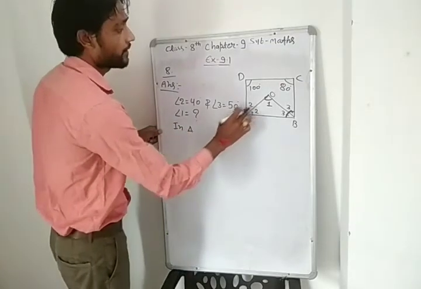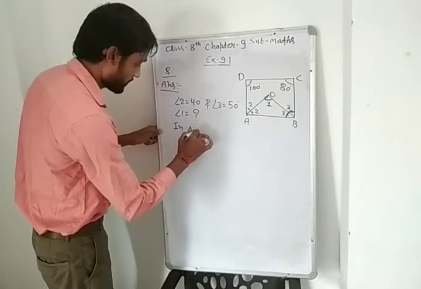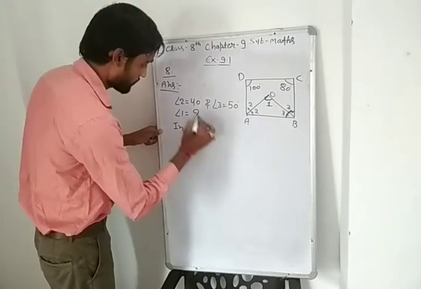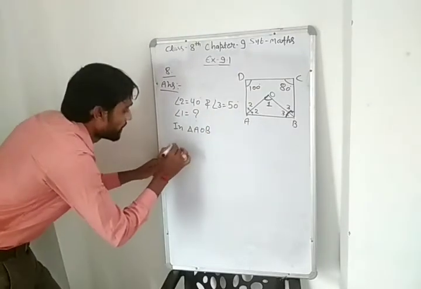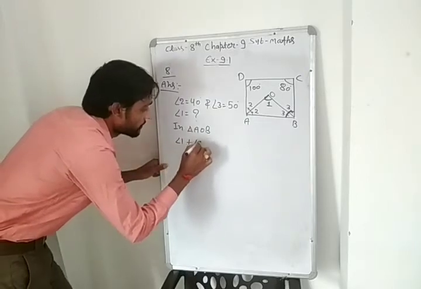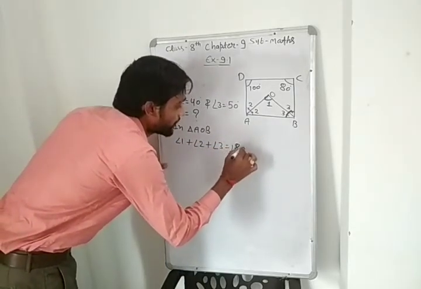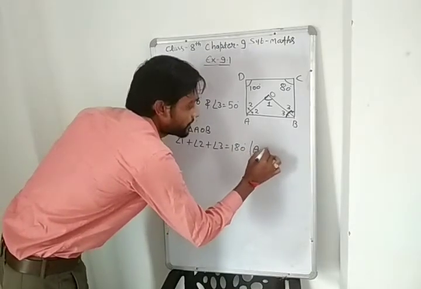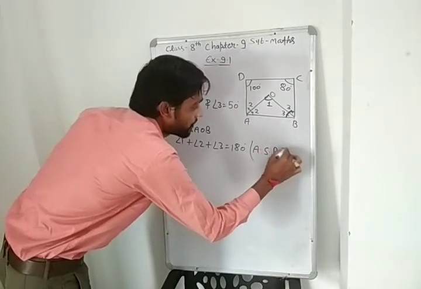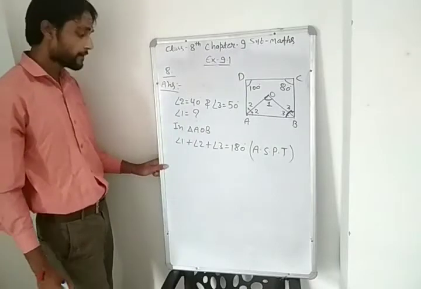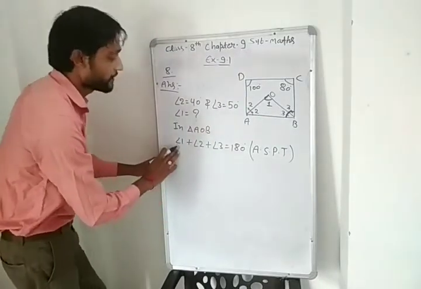Now in triangle AOB, angle 1 plus angle 2 plus angle 3 is equal to 180 degrees. All of you know the angle sum property of a triangle. Clear? Now what is the value of angle 1?